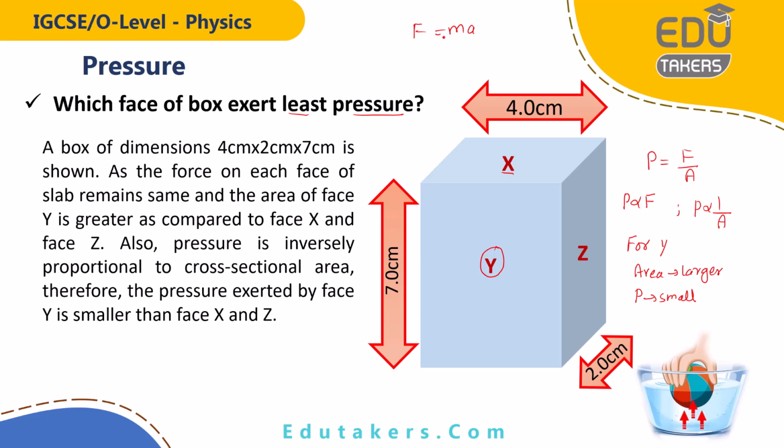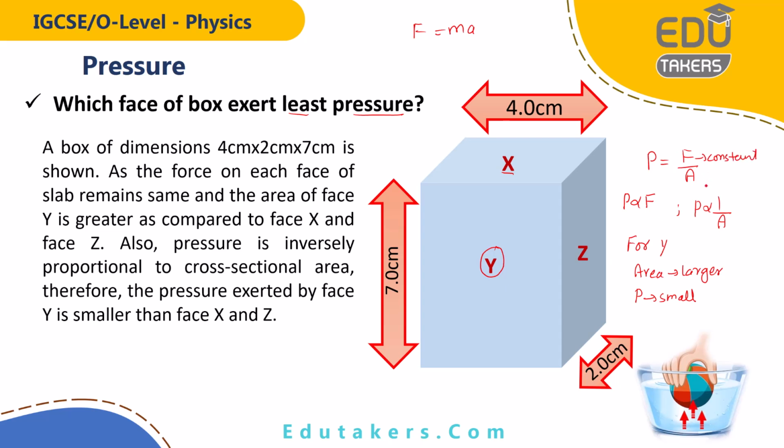Here, the mass is basically the factor on which the force depends. So for that box, the mass remains the same. There is no change in the mass of this box. When the mass of this box remains the same, the force would be the same. There is no change in the force. So I can simply say that here the force is constant.